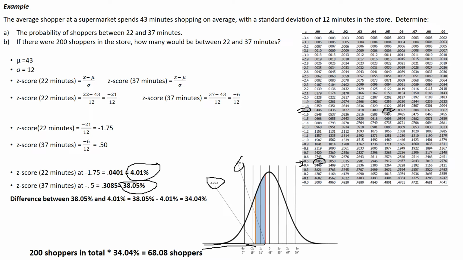So from the very beginning all the way to negative 0.5 is 30.85%, and from the very beginning all the way to negative 1.75 is 4.01%. But I want to find the space between these two. So simply 30.85 minus 4.01, I get 26.84%.